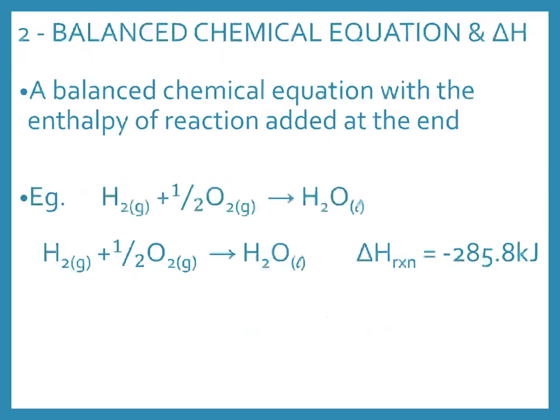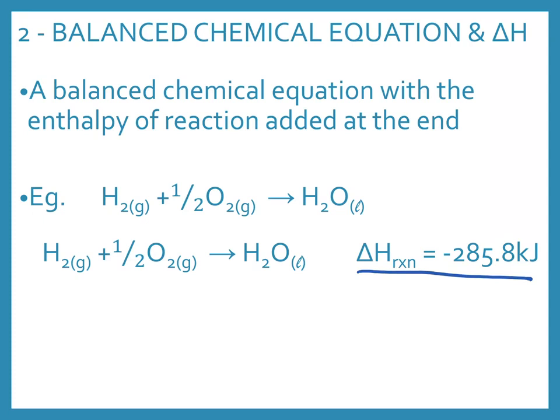In a balanced chemical equation, where we give the delta H, or the enthalpy change, as a separate amount after the reaction, the only way to identify whether our enthalpy change is endothermic or exothermic is to use a positive or negative value.